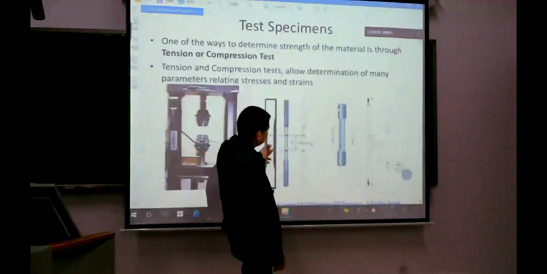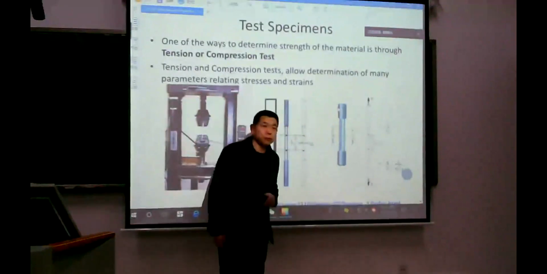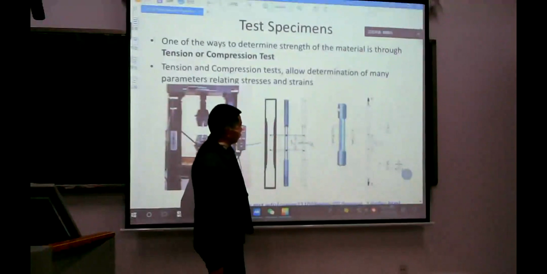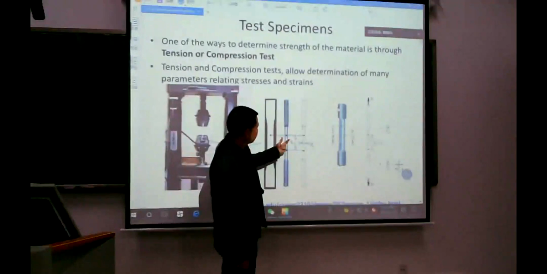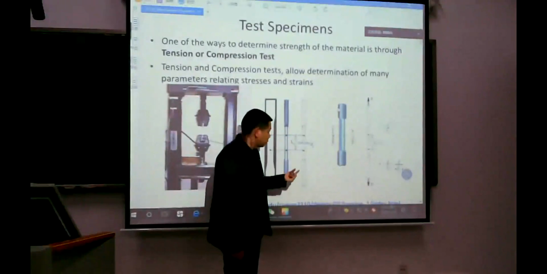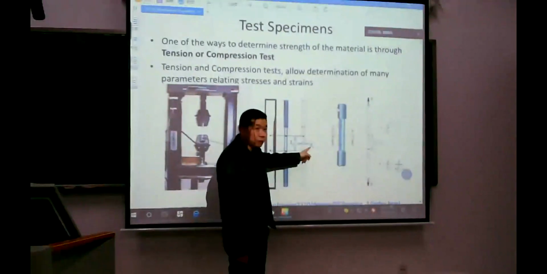In China, if we want to get the property of a material, always the length is 5 or 10 times the diameter. Yes or no?